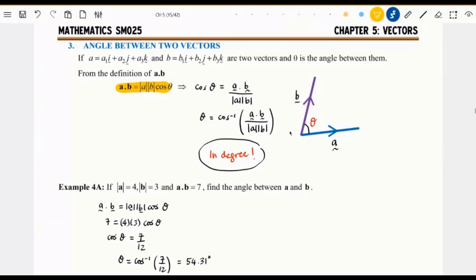So theta equals inverse cos of A dot B over magnitude A magnitude B. You have to find one by one. Cari dulu A dot B, cari dulu magnitude, baru masuk dalam formula. Jangan terus everything we put into the formula, sebab kalau salah, habis semua sekali salah.